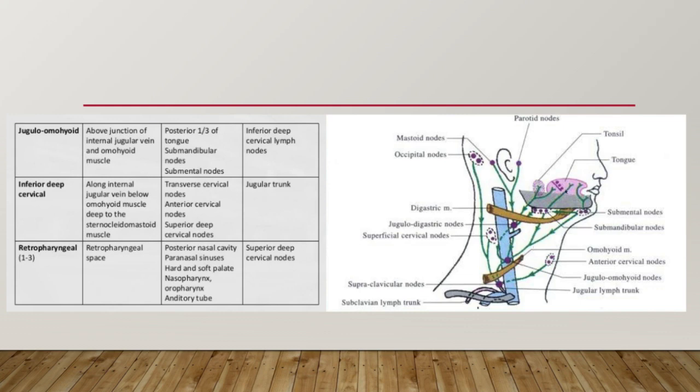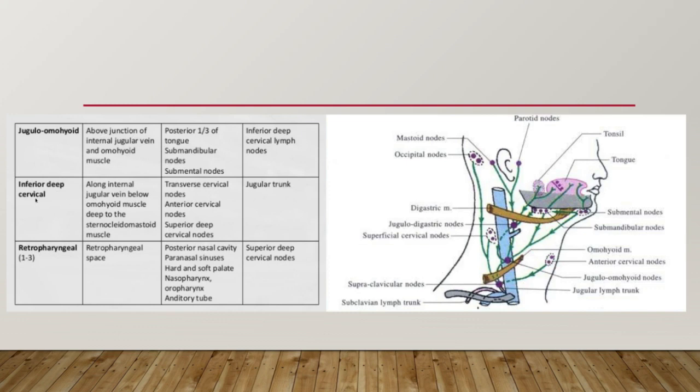They drain the posterior part of the tongue, as you can see in this picture, as well as the submental and submandibular group of lymph nodes, and from the jugulo-omohyoid lymph node, the drainage goes finally into the inferior deep group of cervical lymph nodes, which is found in this region.